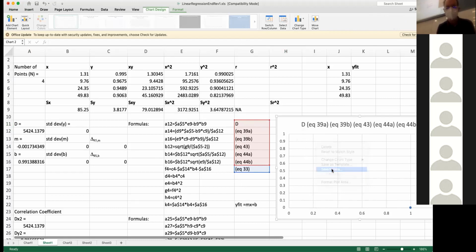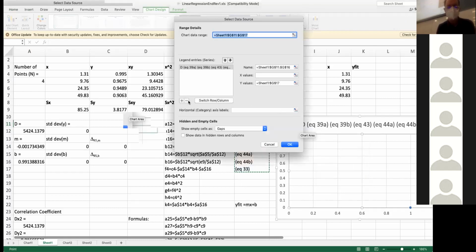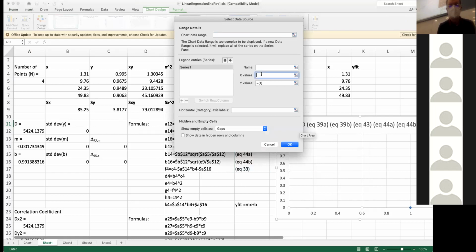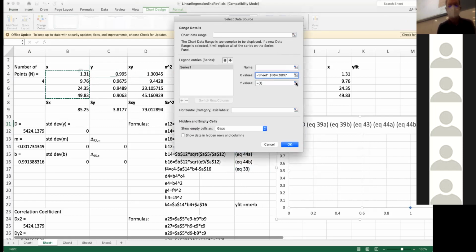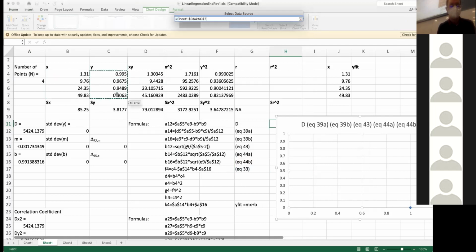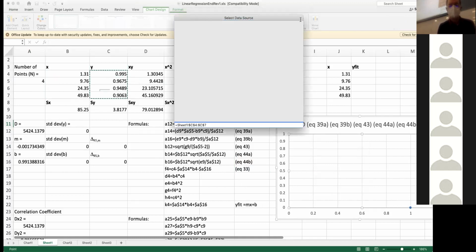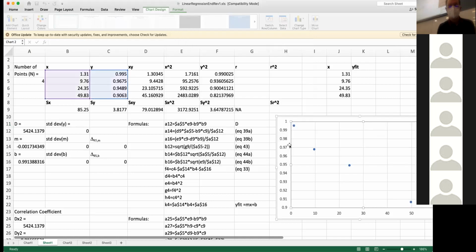So I'm going to go to select data, remove whatever it thought I wanted to plot, and add another data set. I'm going to click here to select the x values that I want to plot. This is the x data. Click here, select the y data. And then I'm going to get a plot.